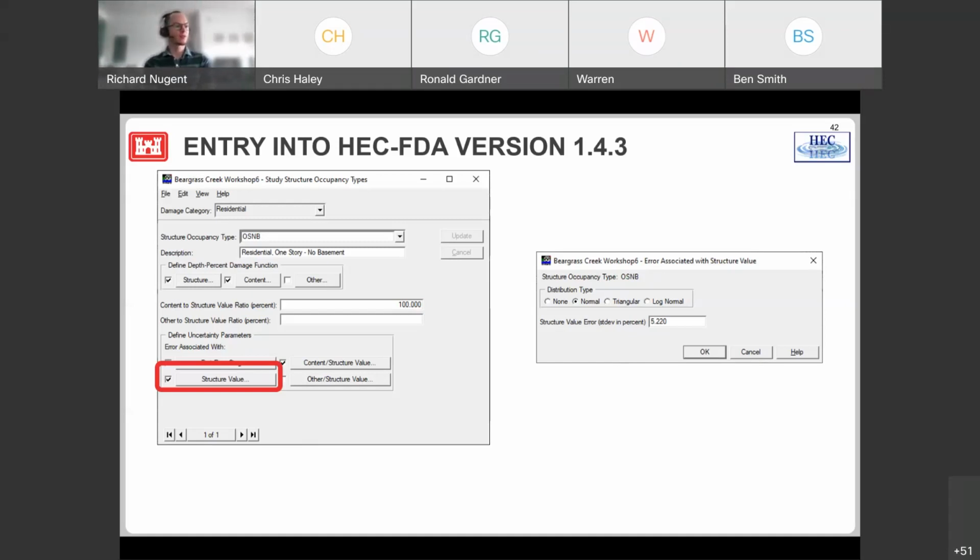So if our structure had a value of $100, then the standard deviation would be 5.22% times 100, so that the standard deviation would be $5.22.